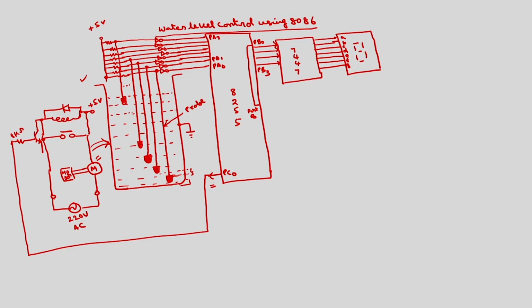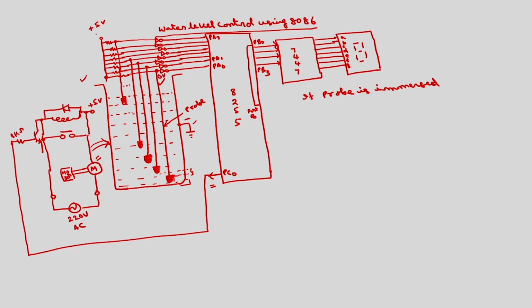If a probe is inserted into the water, what will be the voltage level? Is it immersed? So, what happens? There will be a connection from this water to the tank, which is connected at ground point. So, if this probe is dipped or immersed into the water, here the voltage will be 0 volts.